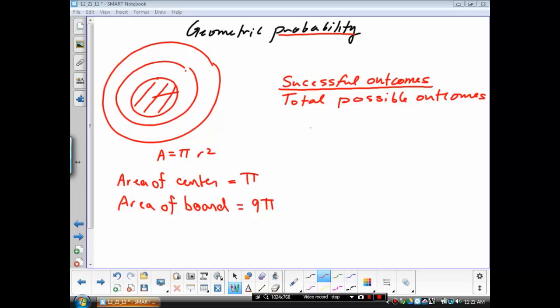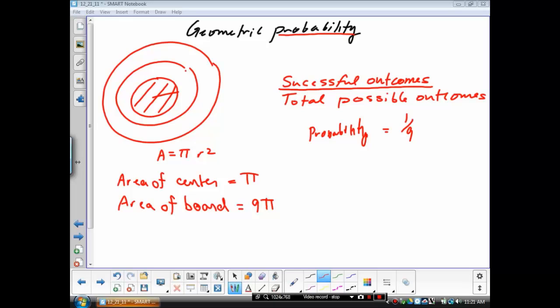So the probability that I hit the bullseye is going to equal 1/9. Can you see why a probability of 9 out of 9, which is a 1, means I have a 100% chance, but a probability of 1 out of 9 means I have a 1 in 9 chance?